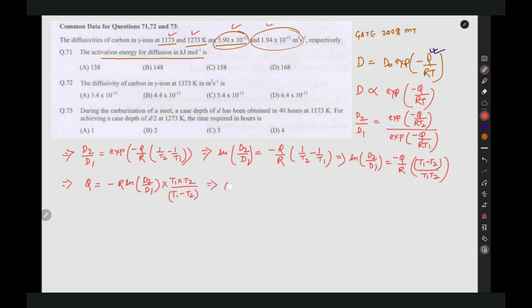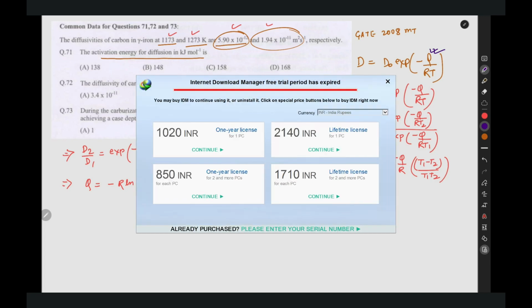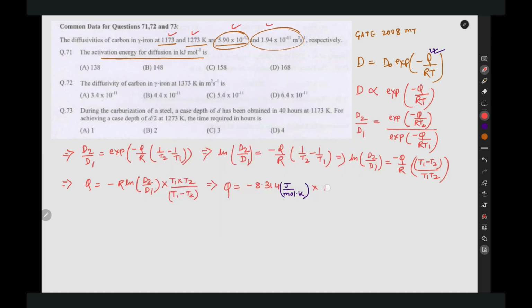Now after substituting the values, Q equals minus 8.314 joule per mole per Kelvin into ln of D2, which is 1.94 into 10 to the power minus 11, by 5.9 into 10 to the power minus 12, into T1, which is 1173, and T2, which is 1273, divided by 1173 minus 1273.